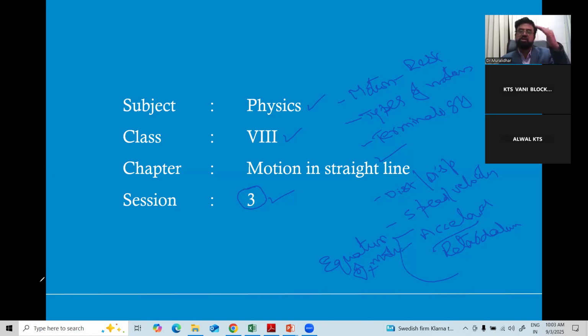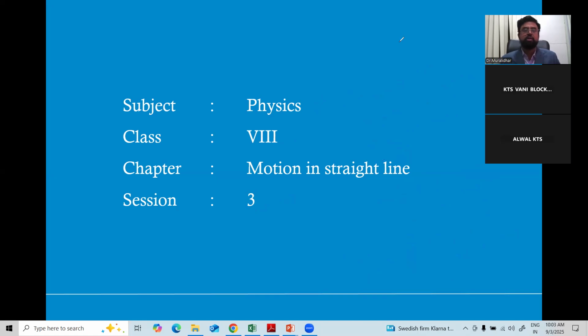There are some equations which show the relationship between distance, displacement, velocity, speed, acceleration, retardation, and time. That relation is given by the equations of motion. So today we are going to discuss acceleration, retardation, and equations of motion. Shall we?